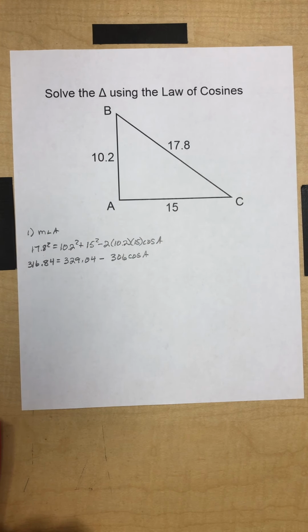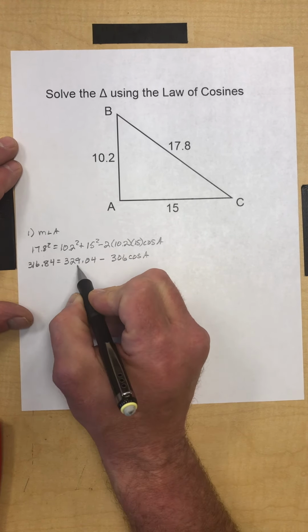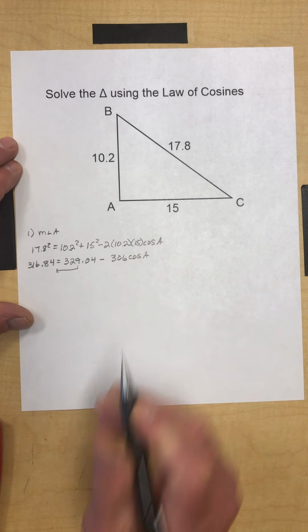I wasn't expecting to get something without a decimal, so let me check that. 2 times 10.2 times 15. Yes, we're good.